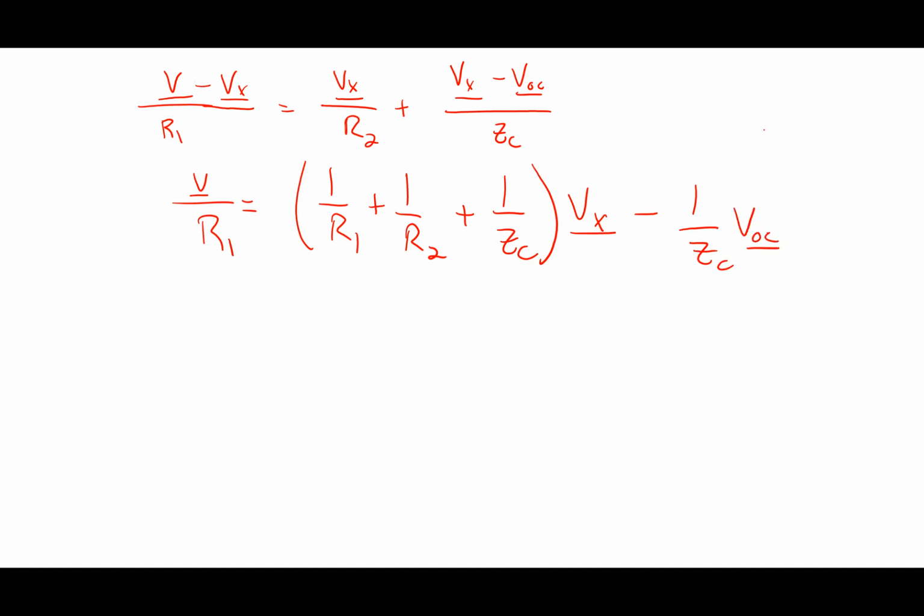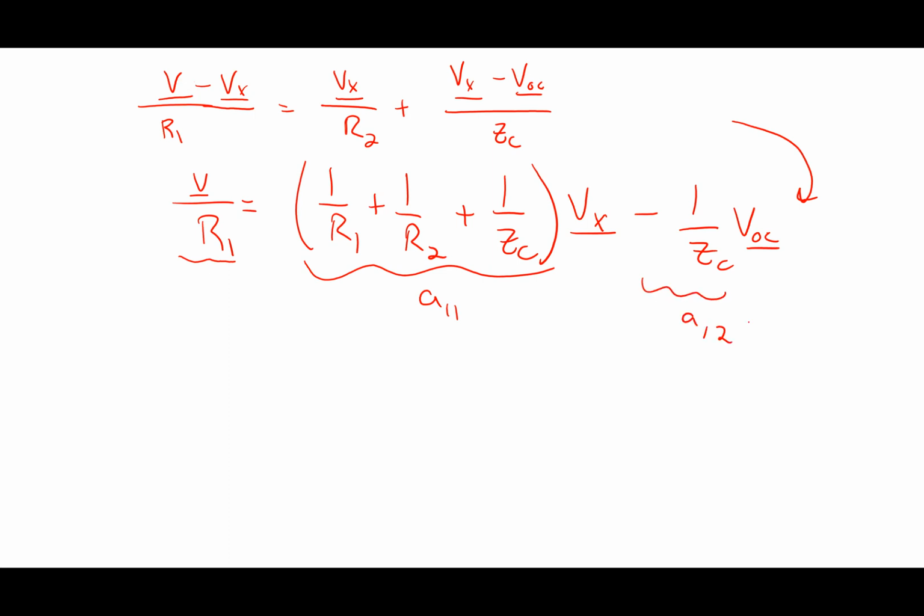Now, what did I do? I grouped all of the Vx terms together, and all of the VOC terms together, and then I have a constant over here. When I put this into matrix form, this term is going to be A11 and this one is going to be A12.